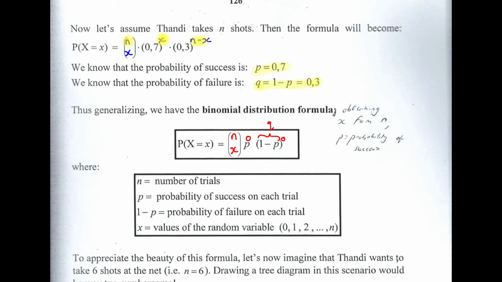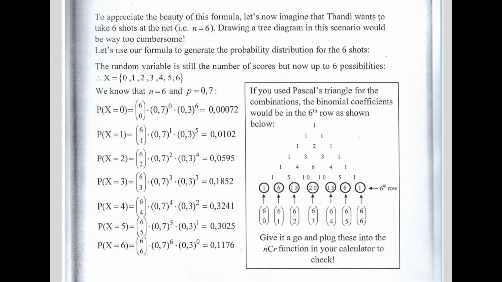Let me not use a circle because you might think it's 0. Okay, but an exponent of something, depending on how many times she's going to be scoring. Okay, and that in this case would be x for the p and n minus x for the 1 minus p. All right, as we looked at over here.